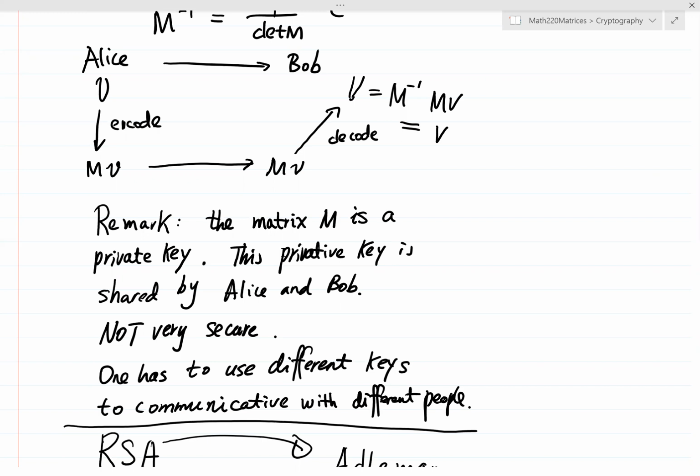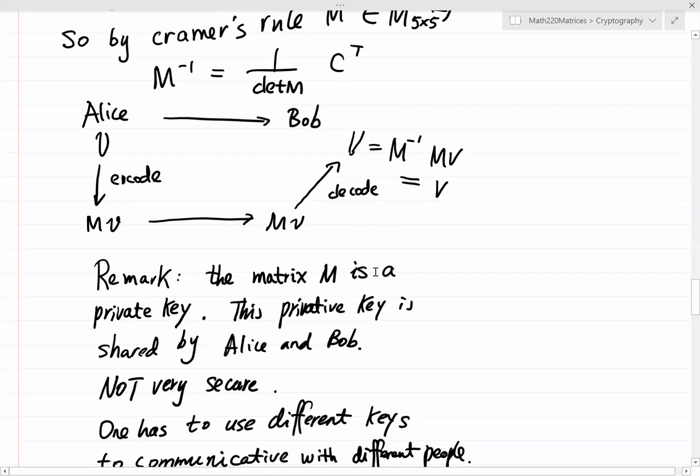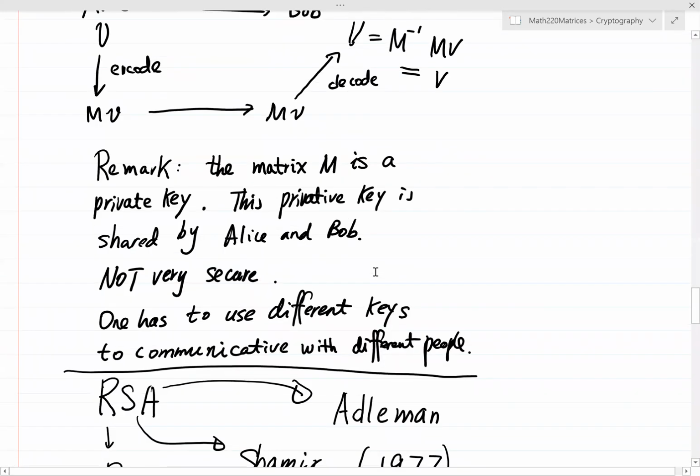Also, if you want to communicate with different people, you need to change the key. You don't want to use your private key with a lot of people, because if you use it with many people, your private key is almost public. So it's not secure.